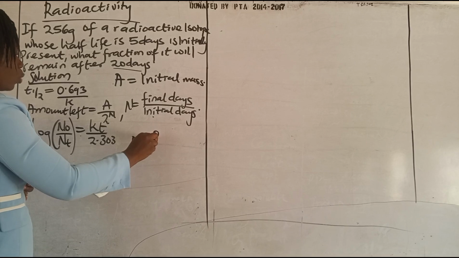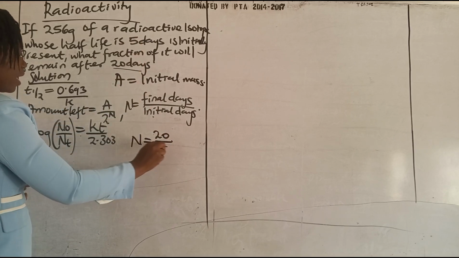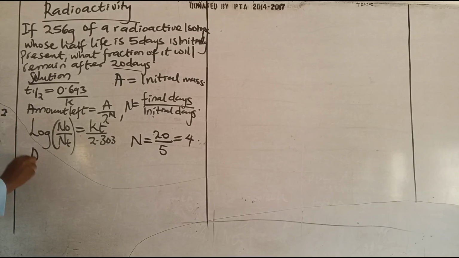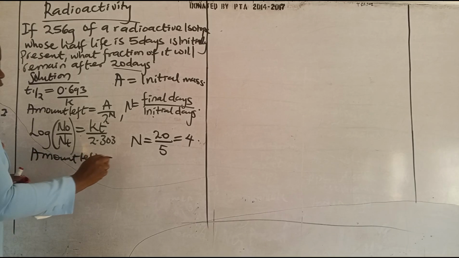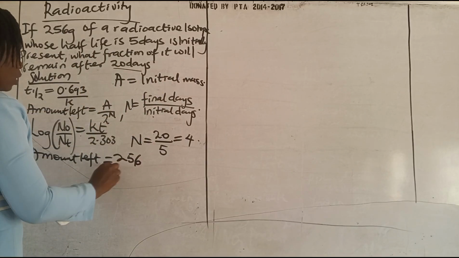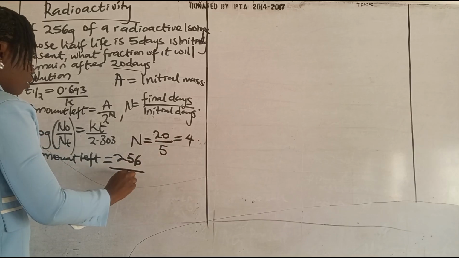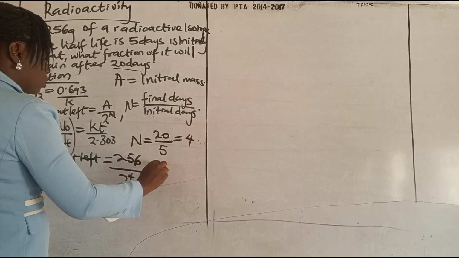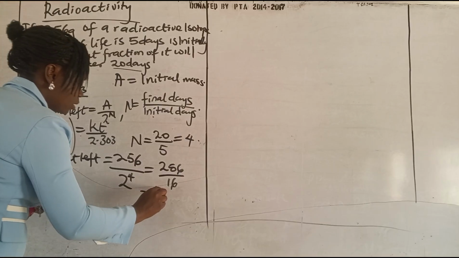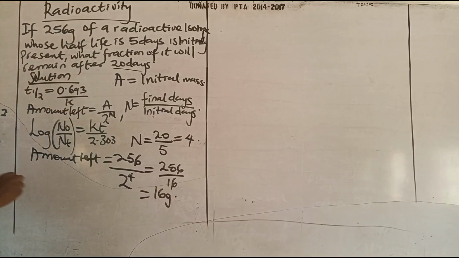The final days here is 20 divided by the half-life, that is 5, equals 4. So amount left equals the initial mass, which is 256 that was given, divided by 2 raised to power 4. And 2 raised to power 4 is 16. 256 divided by 16 is going to give me 16 grams. Okay, so that's been said.